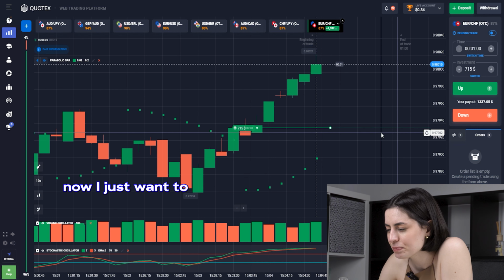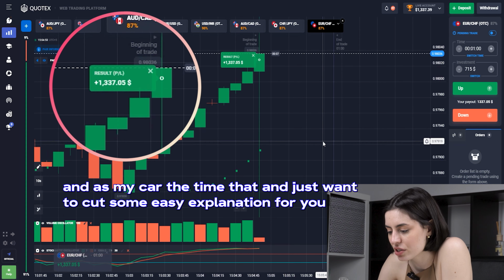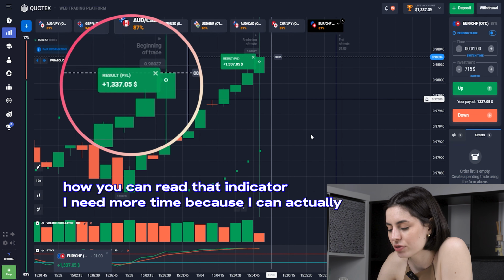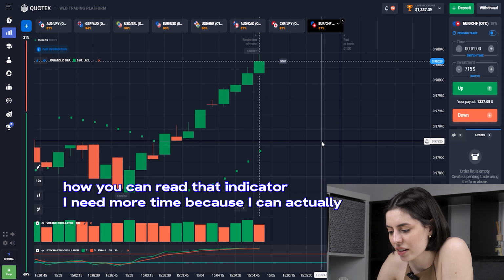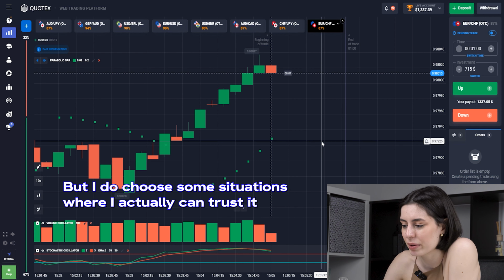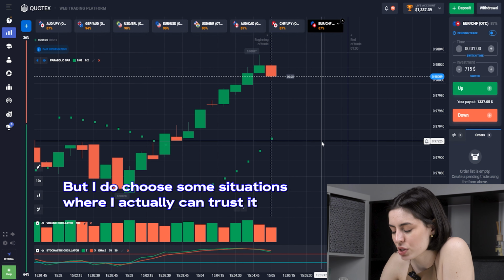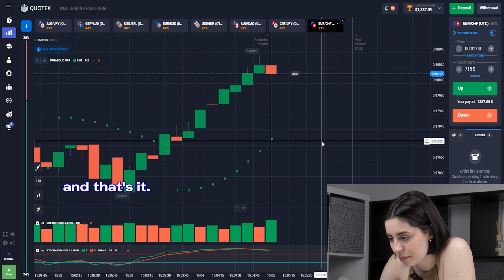Now I just want to cut the tendency. I just want to give some easy explanation for you of how you can read that indicator. I need more time because in positions where I do not trust it, I just ignore it. But I do choose some situations where I can trust it, and that's it.